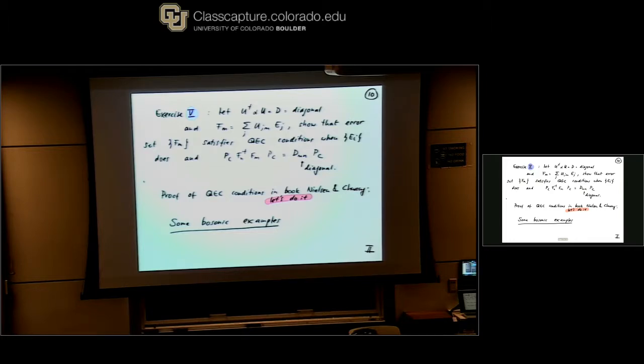So basically the F_m satisfy the quantum error correction conditions when E_i does. And for those F_m, the quantum error correction condition looks like this, where this is now diagonal. And the fact that this exists, we will use to reverse the error.